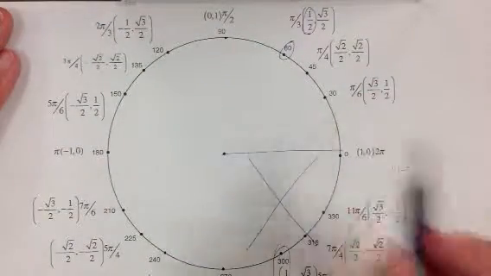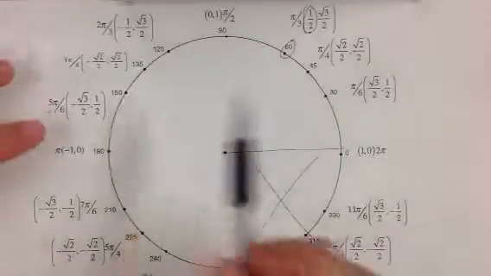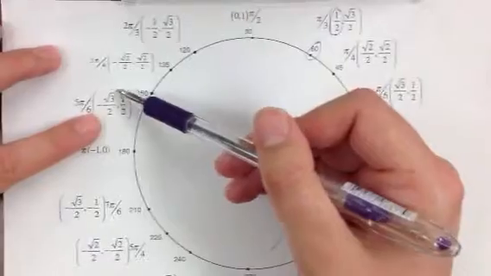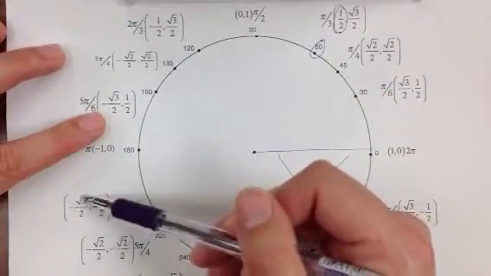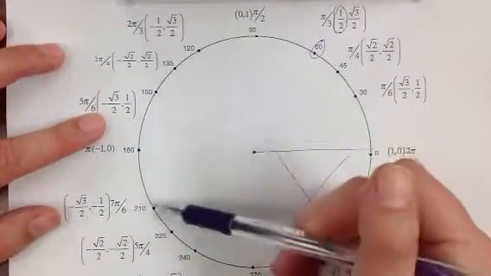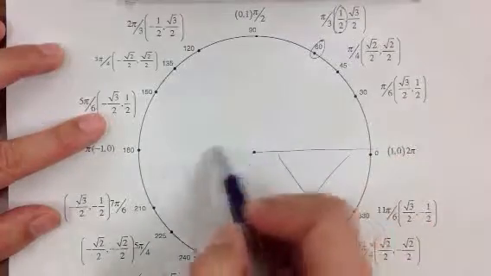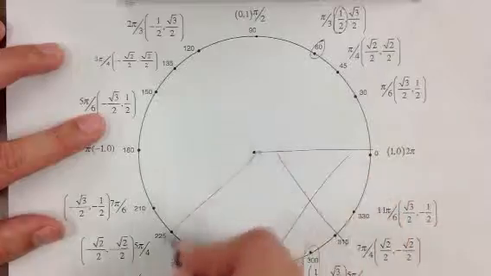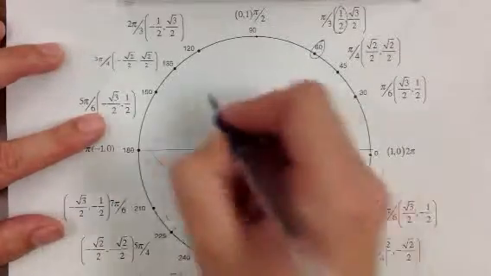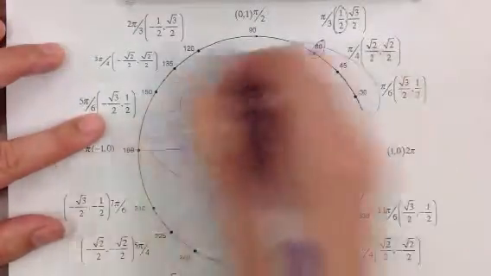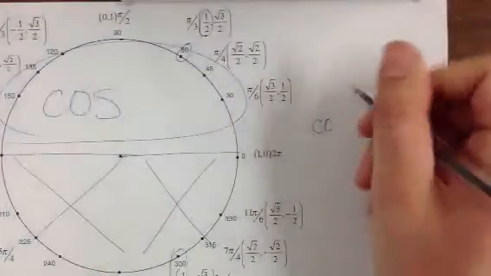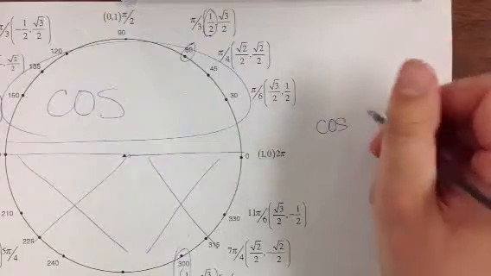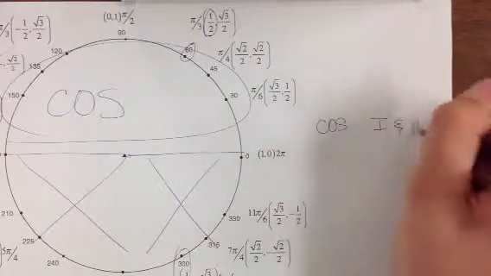But then again, we need to look at negative values. So cosine, like say negative square root of 3 over 2. Well, it's right here, so it could be 150 or 240. We could use the first and the third, but I don't want to separate them. So I'm just going to eliminate this one, and we're going to say cosine is going to be restricted to the first and second quadrant.